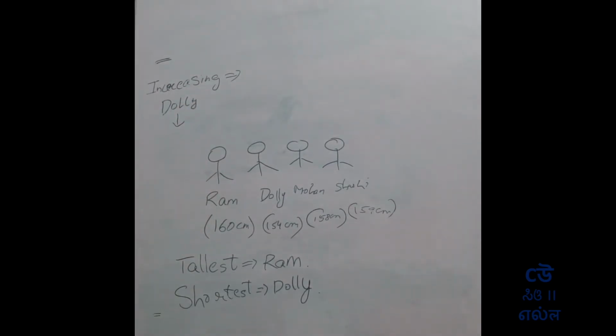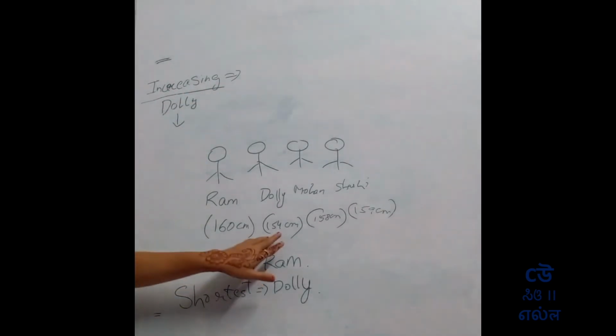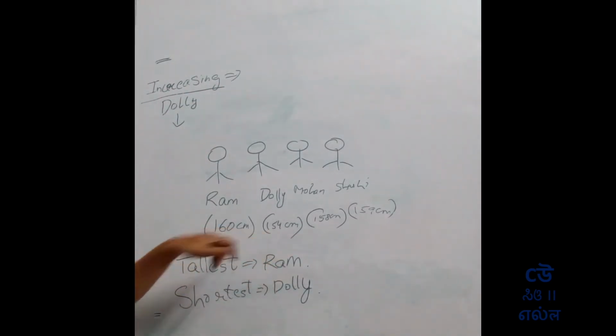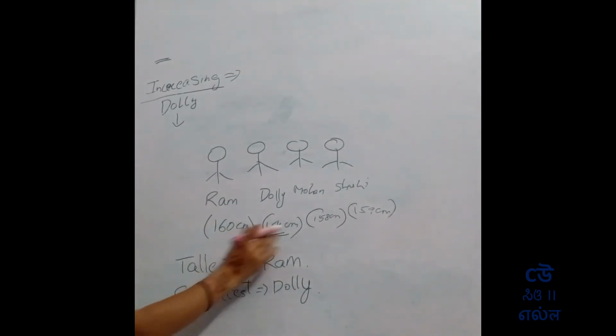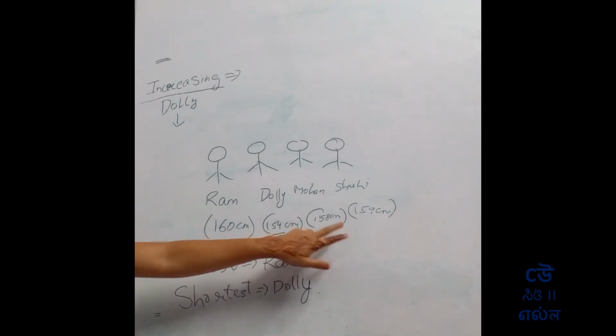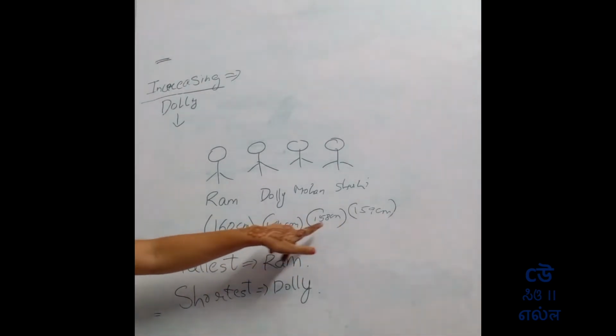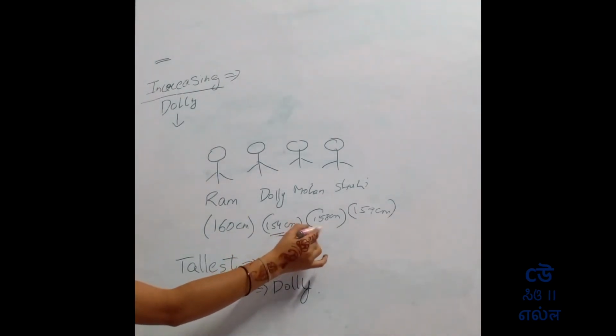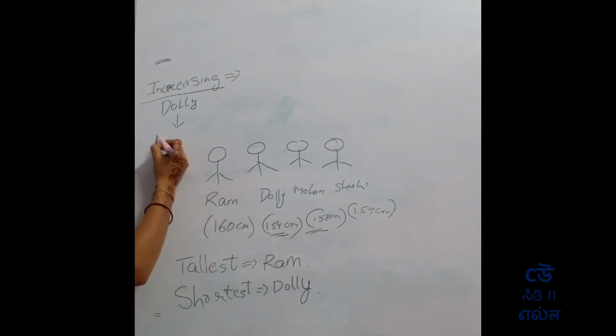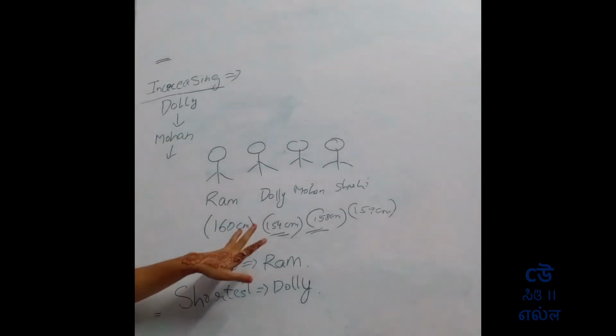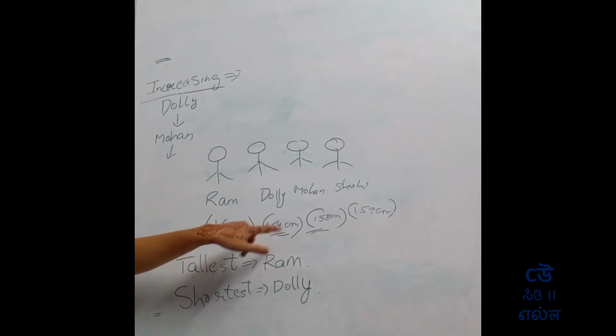Next, who is after Dolly? Who is shorter? Dolly is done. So the remaining are these three: Ram, Mohan and Shashi. Mohan is shorter. His height is 158. So Mohan will stand next. Okay. Next, the remaining is who? Ram and Shashi.